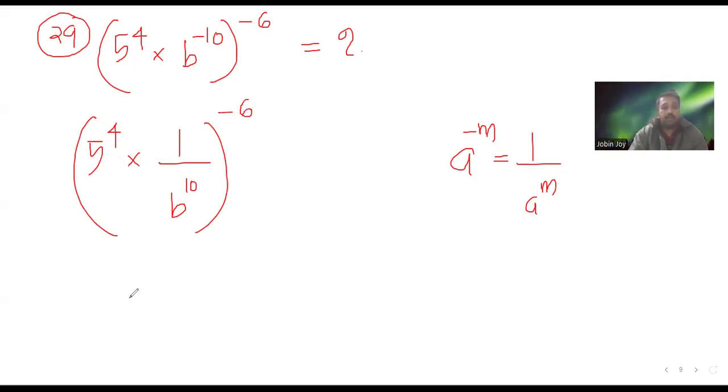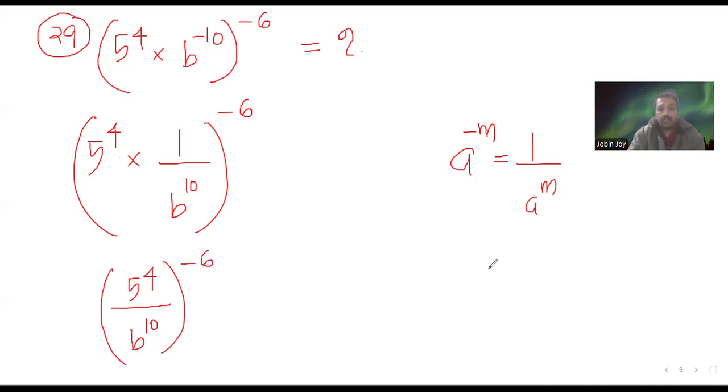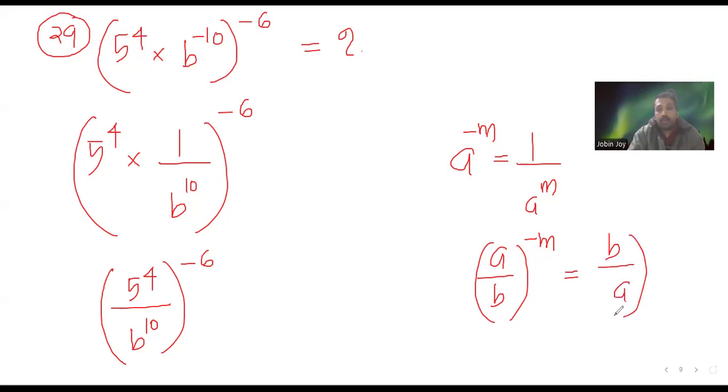Okay, so this will be equal to 5 raised to 4 divided by b raised to 10, the whole raised to minus 6. We know that a by b the whole raised to minus m equals b by a the whole raised to m. So we will apply this law here.